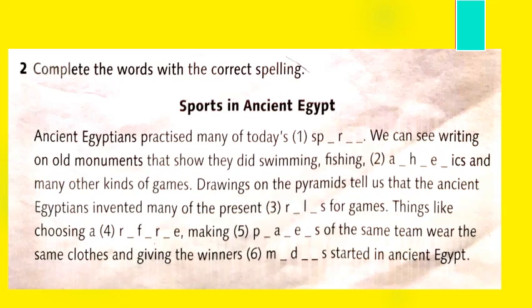Ancient Egyptians practiced many of today's sports. We can see writing on all monuments that show they did swimming, fishing, athletics, and many other kinds of games.